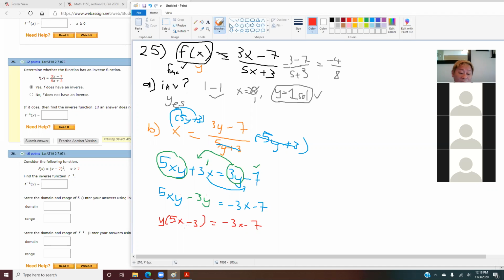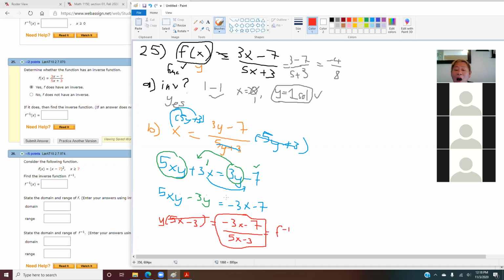And then the last thing, in order for us to solve for y, is to divide by what we have factored out here, which is 5x minus 3. So this is your inverse function: negative 3x minus 7 over 5x minus 3.